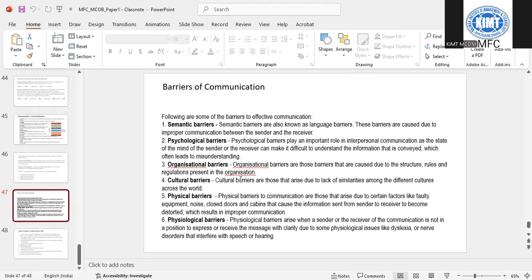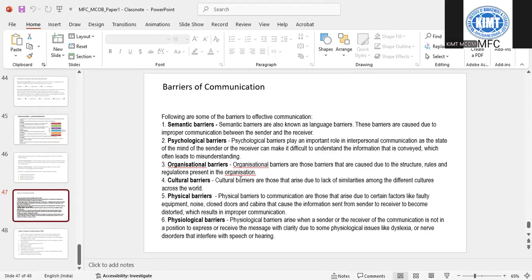Psychological barriers. Suppose you are psychologically distant. You are not in a good mood to say something. You are very sad. Someone is sick at your home, or there is bad news at your home. So you are psychologically unstable. You cannot give good news in that state.